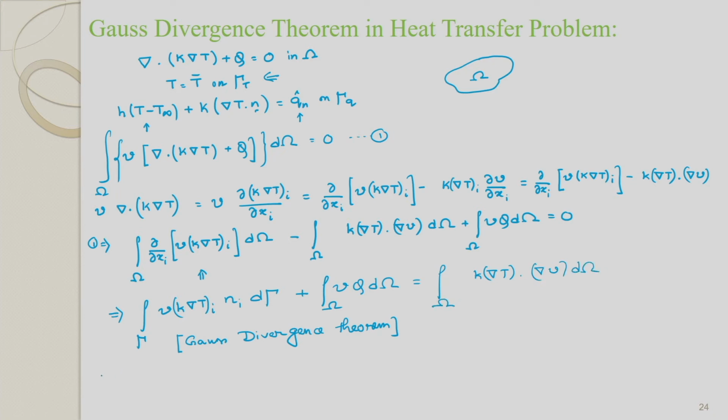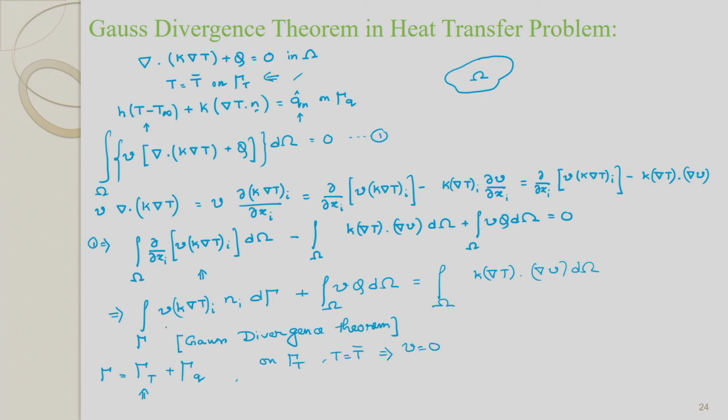Now, this gamma consists of two parts. One is the Dirichlet boundary condition where temperature T is prescribed, and another one gamma Q. Now, on gamma T, your dependent variable is prescribed, hence the variation will be 0.